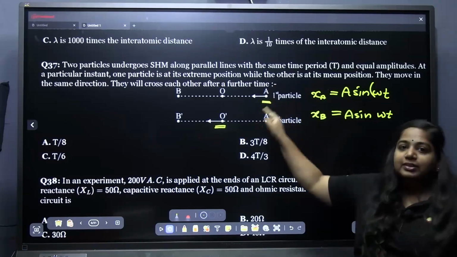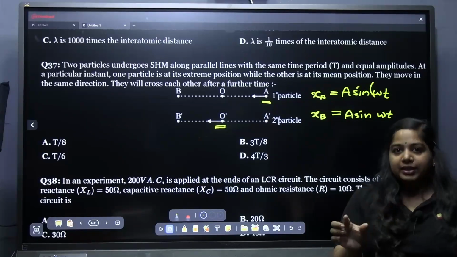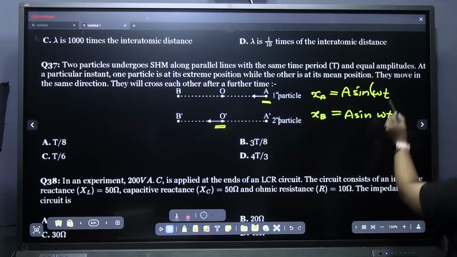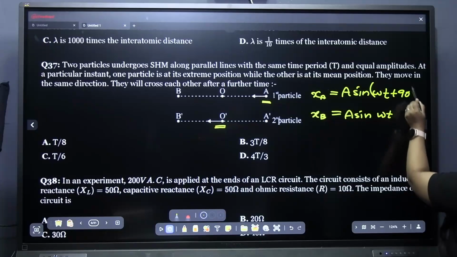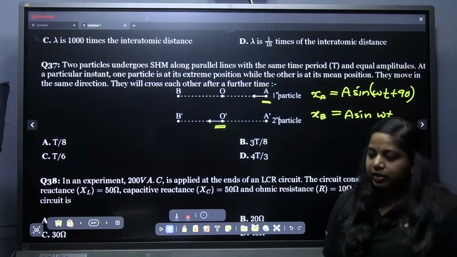But this is not 0. So to accommodate that change, we have to add a phase. That phase is plus 90. Now is that clear?